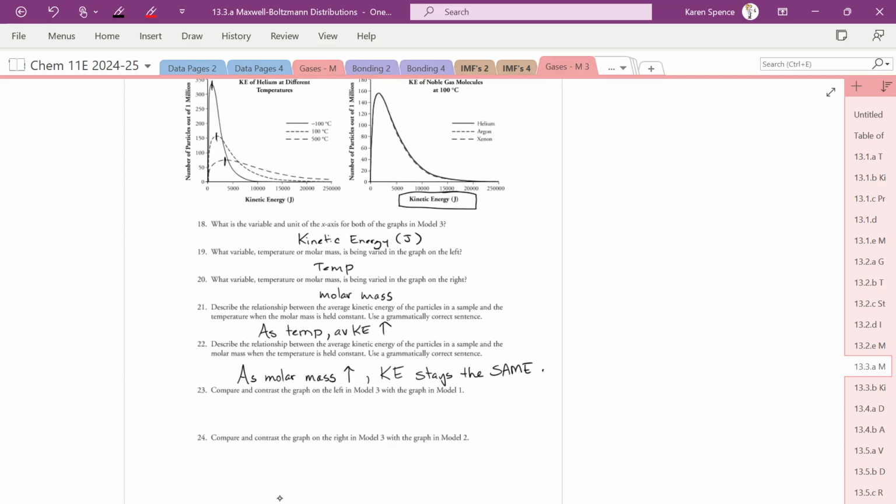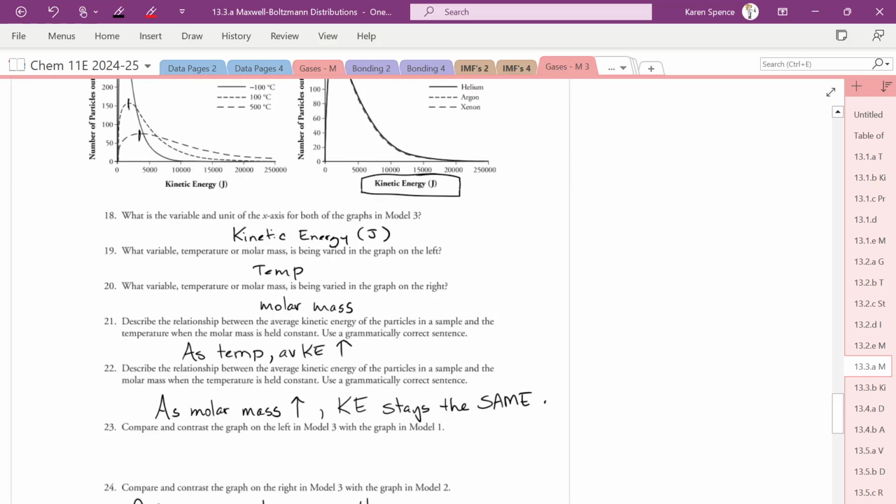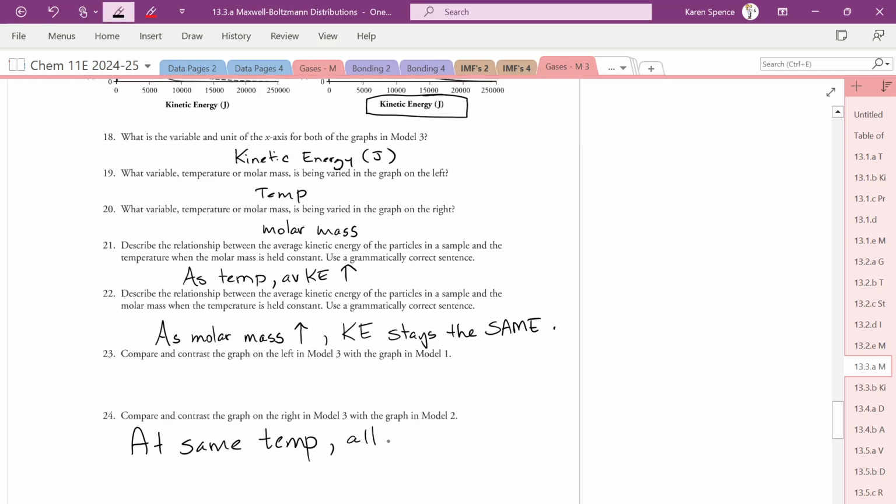So basically, we can say that at the same temperature, all the noble gases have the same average kinetic energy, because temperature is a measure of average kinetic energy.